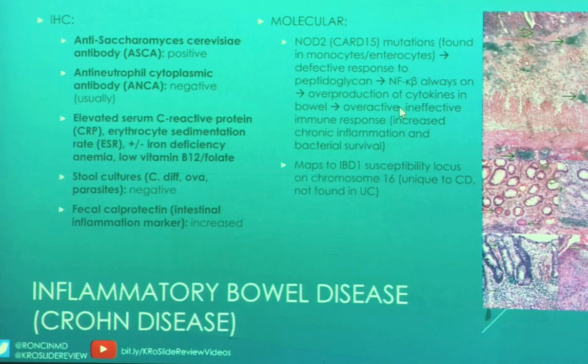So then you get also this bacterial survival and bacterial overgrowth is a real possibility. So this NOD2, which maps to your IBD1 susceptibility locus, this is unique to Crohn's disease, okay? It's not found in ulcerative colitis, so that's something to keep in mind.